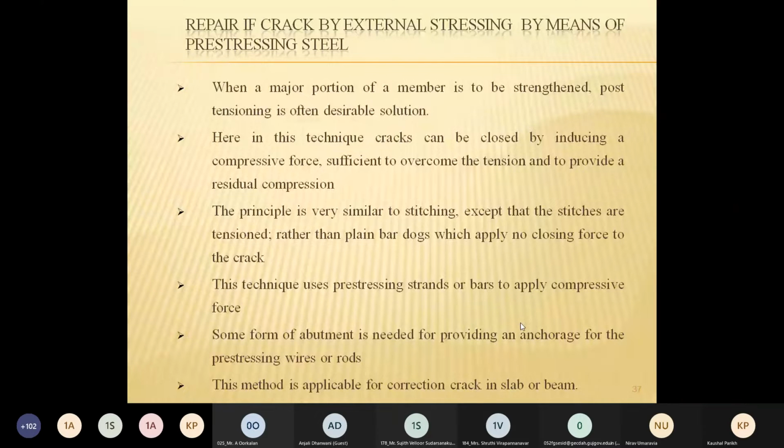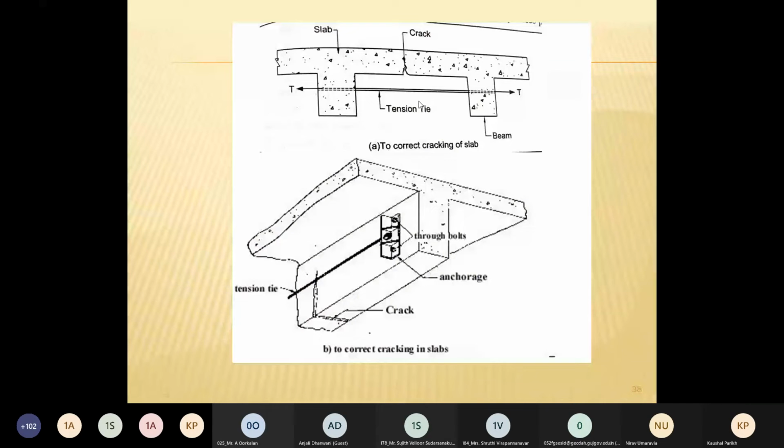Some form of abutment is also needed for providing an anchorage for the pre-stressing wires or rods, as shown in this image. In this first figure you can visualize that if a crack is there and we apply this tension tie, it will create the compressive force to close the crack. See another image for the same approach, the actual image which has been shown over here.